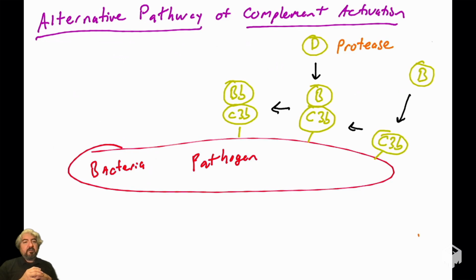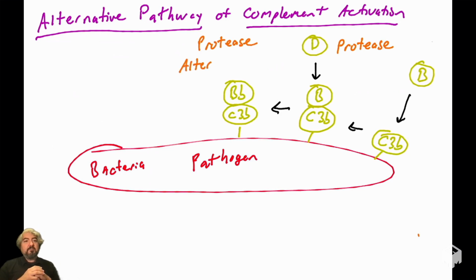When that occurs, you now have the C3b protein that is covalently attached to the pathogen surface, and you've got factor B cleaved into Bb and Ba. Ba floats away. Don't worry about it. It's not important right now. So now we have Bb and C3b.